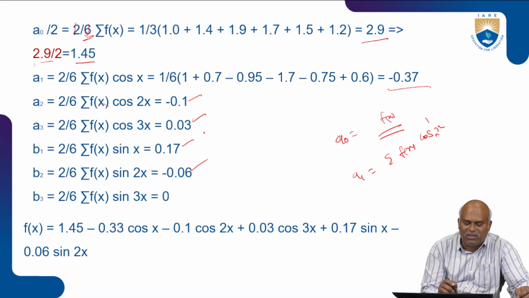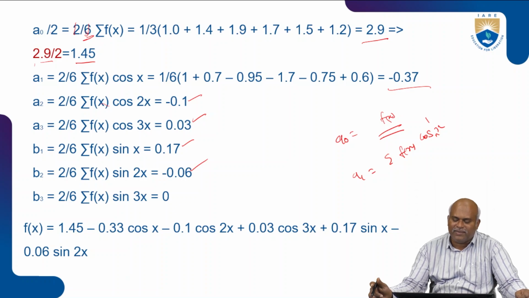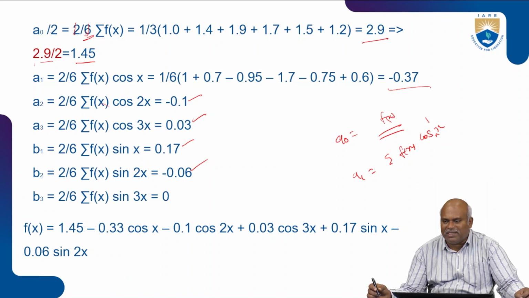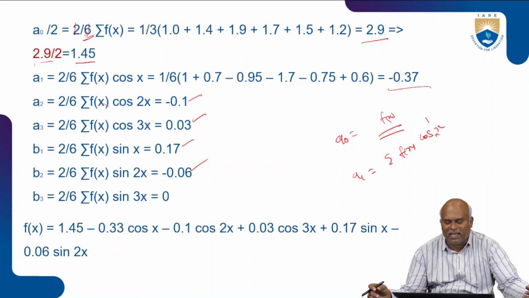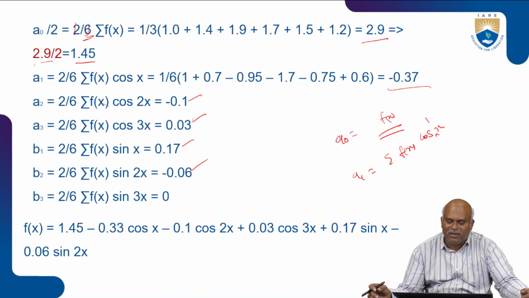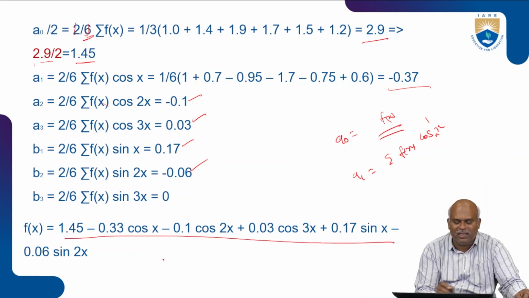So finally we know our trigonometric Fourier series: A0 plus summation of n equals 1 to infinity an cos nx plus summation of n equals 1 to infinity bn sin nx. Like that, we can substitute all the values here.